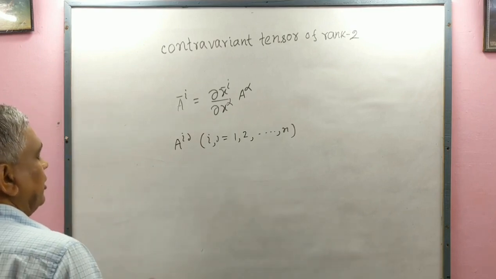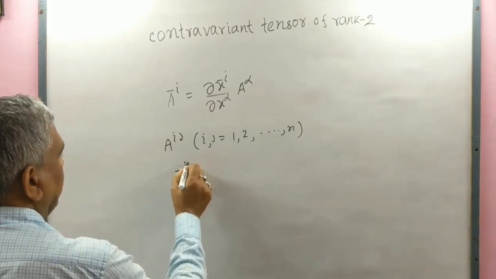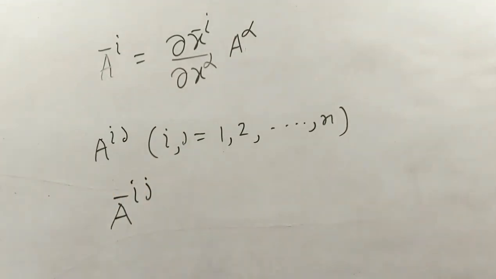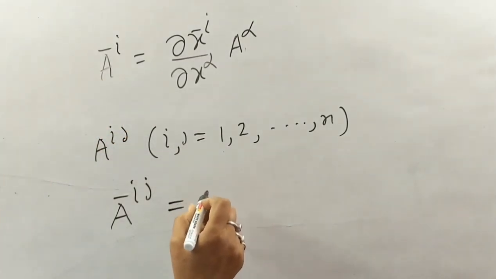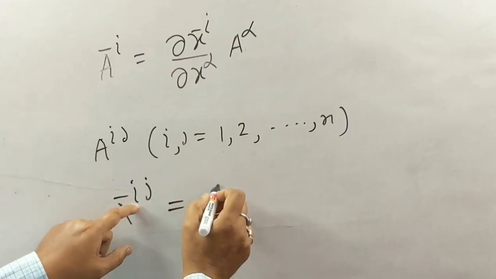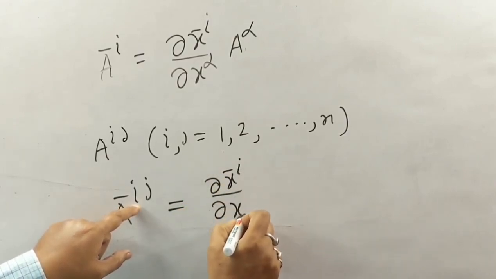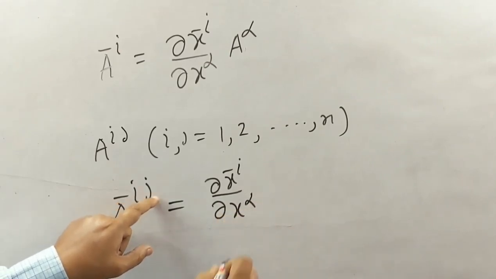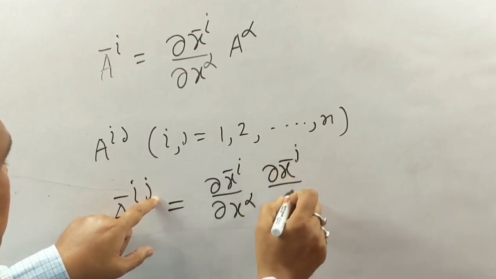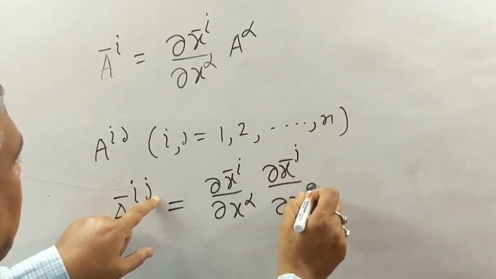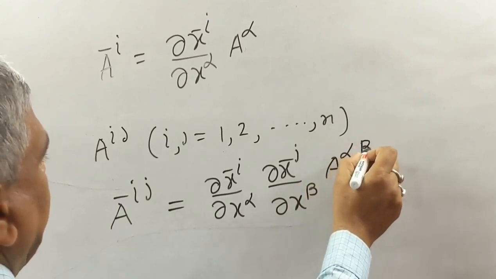Let the corresponding quantities in X bar system of coordinates be A bar ij. Similar to this equation, we will write the transformation as del x bar i by del x alpha, for j, del x bar j by del x beta, and A alpha beta.